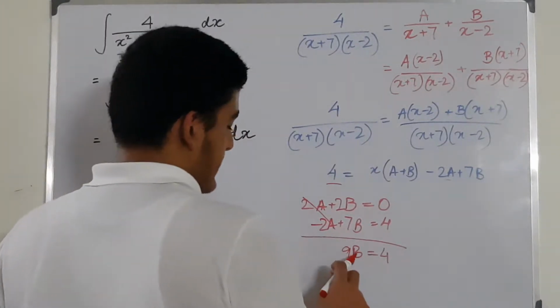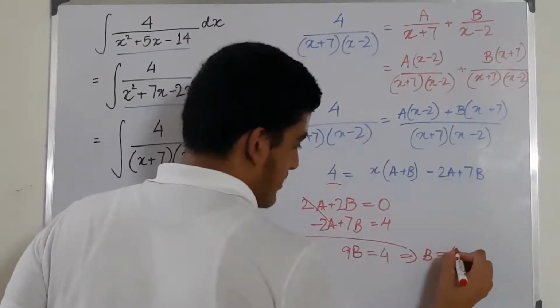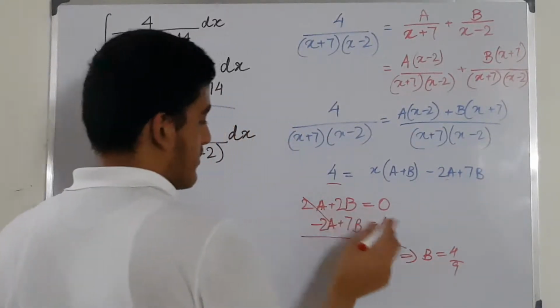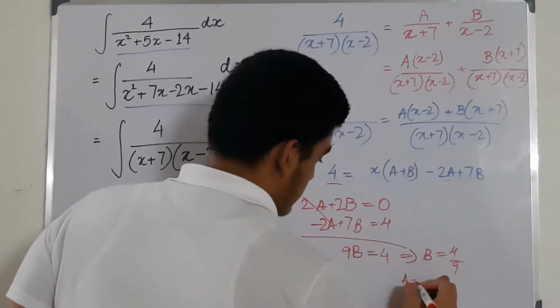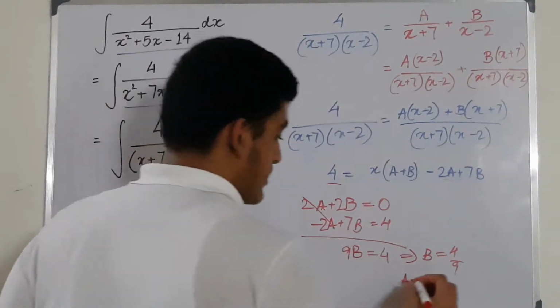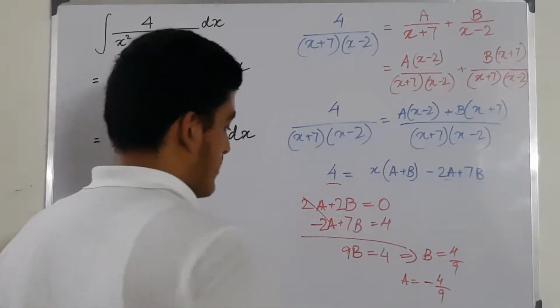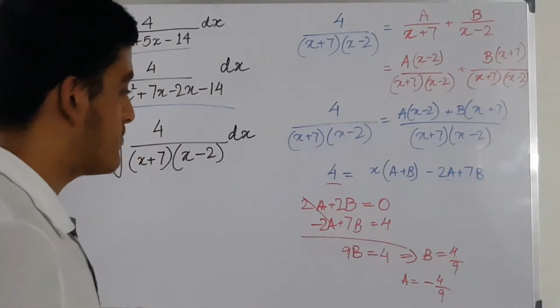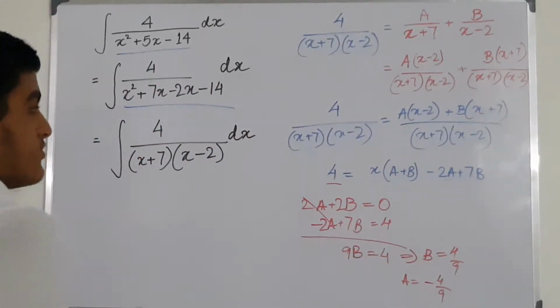If I just replace the value of B, which is 4 by 9, in any one of these, I get A is equal to minus 4 by 9. A is equal to minus 4 by 9, and B is equal to 4 by 9.